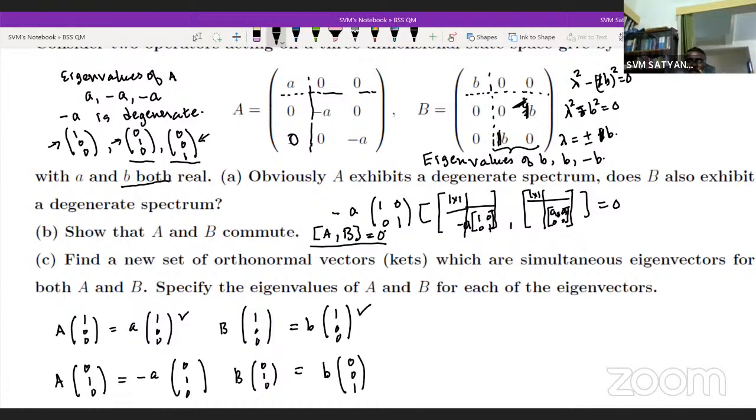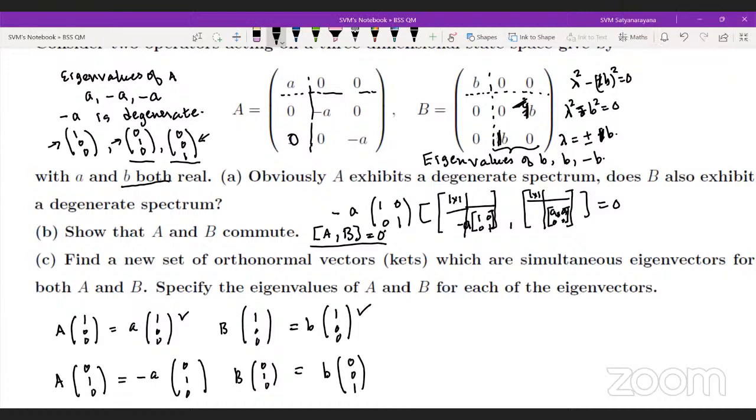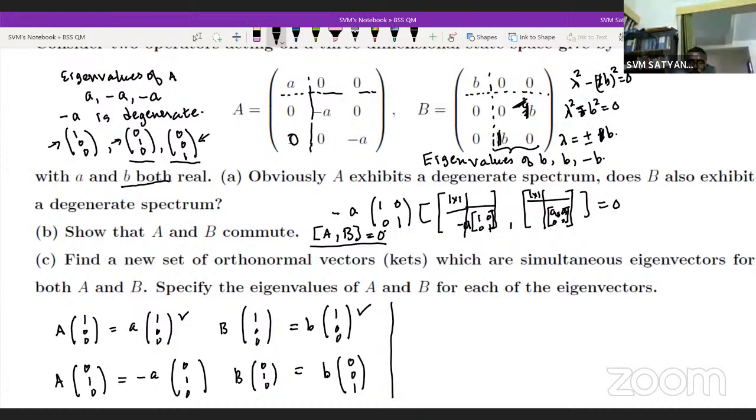You follow? It's not a degeneracy because it's not a complete set. The degeneracy will not allow a complete set. See, this is a complete set only. So this set is a complete set, but it is not necessarily true that all eigenstates of A have to be eigenstates of B also.